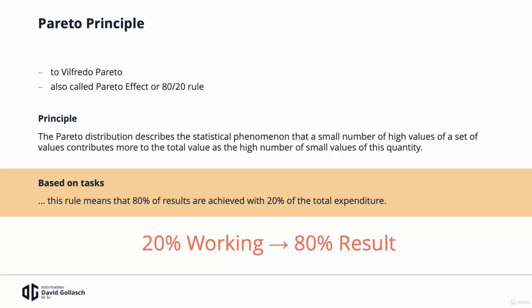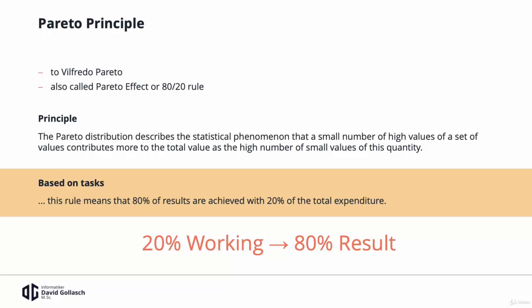The problem is that you don't know in the first place which of these tasks really form that 20%. So you have to identify these 20% of the tasks, and then you can concentrate on exactly these to get at least those 80% of the results.